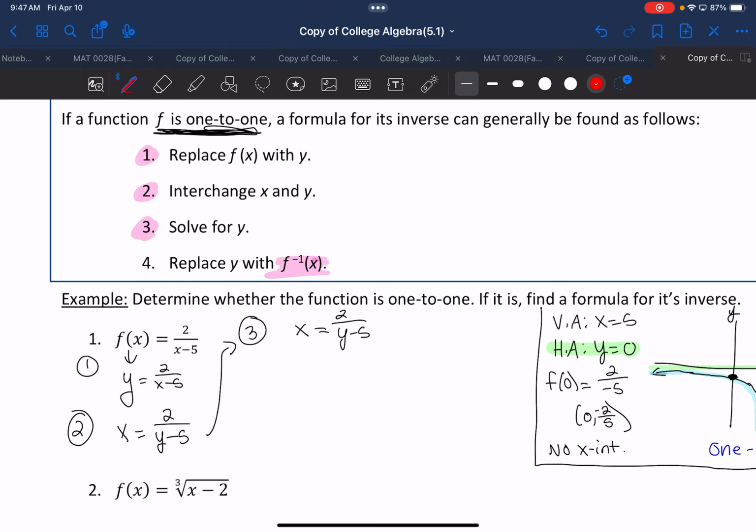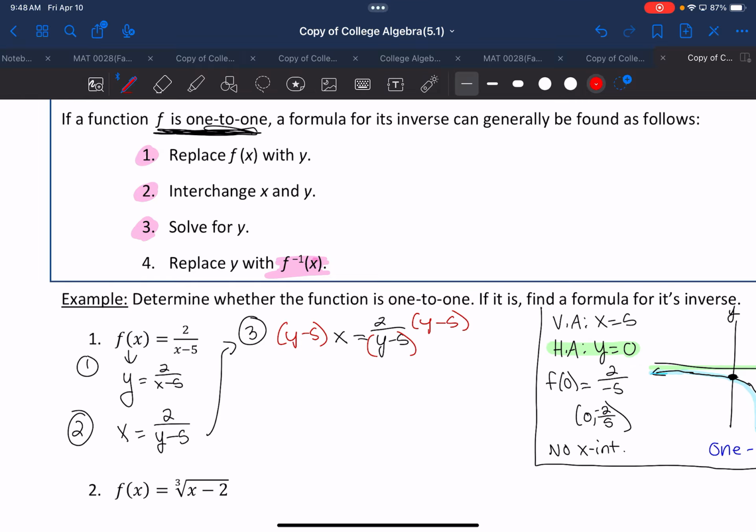Yes, kind of. You're on the right track. Yep, you want to multiply both sides by the denominator. But you only need to multiply it like that on the right side, and then like this on the left side.